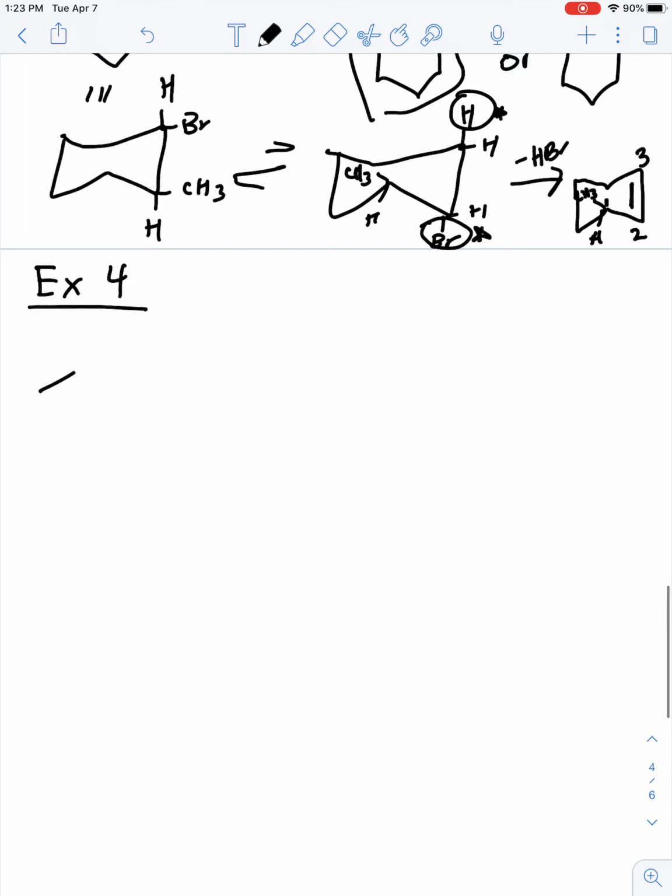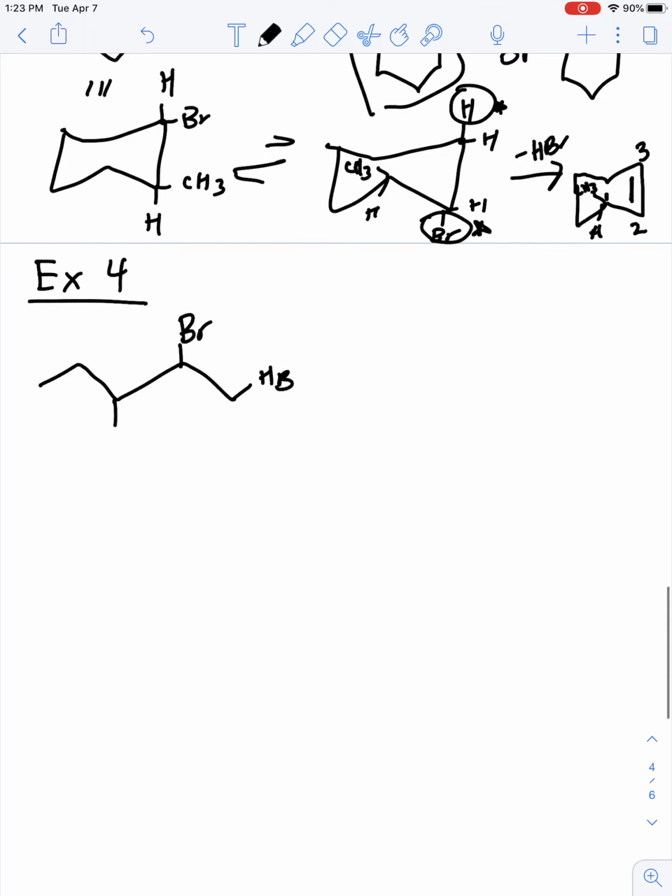So if we have something that looks like this, our leaving group is going to be on a secondary carbon. The reaction is done in tert-butoxide, so we know our major products are going to be E2 products.